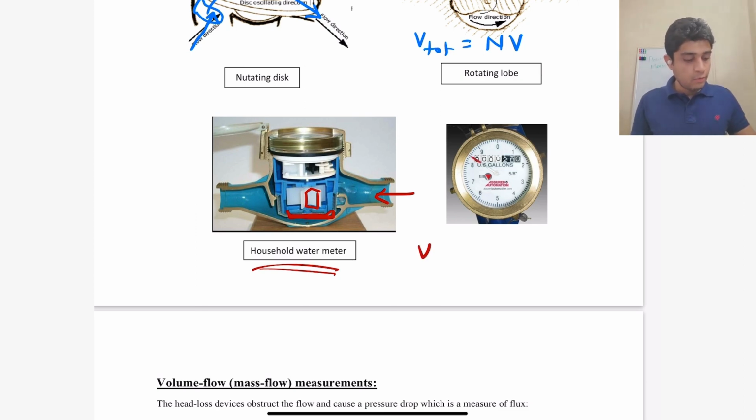So as the fluid flows, let's say if there are five such sections, then one rotation will lead to 5V volume to pass through this water meter. And we can count the number of rotations by using this complicated gearbox, and then it just gives the count on the scale which is attached at the top.